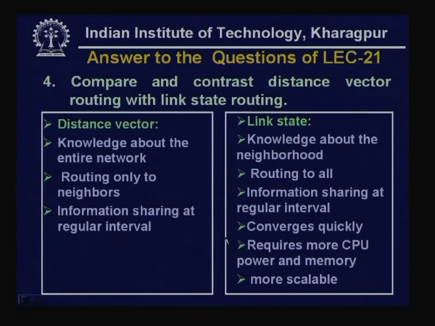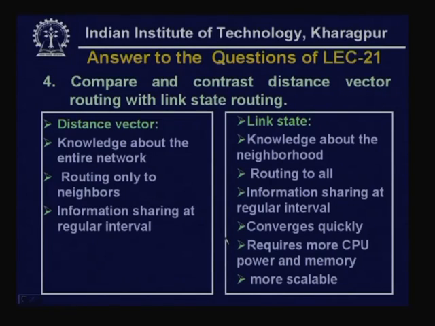Fourth question was, compare and contrast distance vector routing with link state routing. Answer is, distance vector routing uses knowledge about the entire network, routing only to neighbors, information sharing at regular intervals. On the other hand, link state routing has knowledge about the neighborhood, routing to all, information sharing at regular intervals.